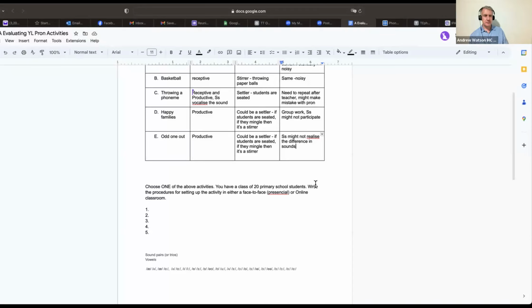Good. And in Odd One Out, also it's productive because they need to repeat the word to know what is the difference. And also, like before, it could be settler and stirrer.